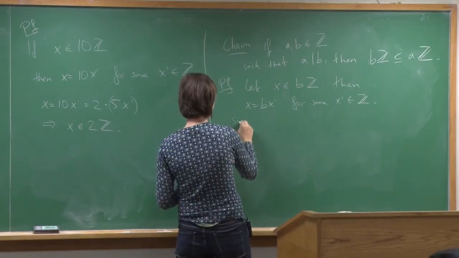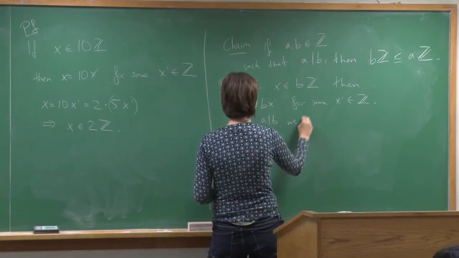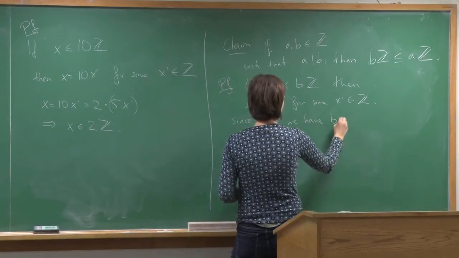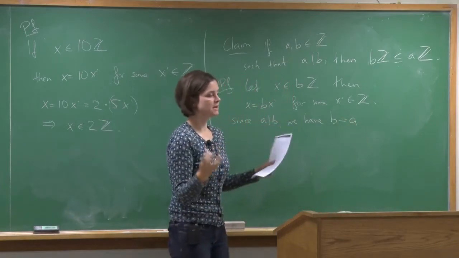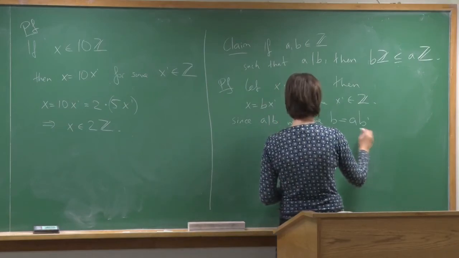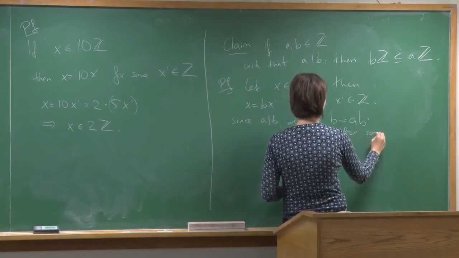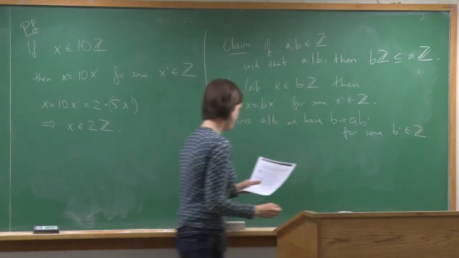But since a divides b, we have that b is equal to a times some, say, b prime for some integer b prime.